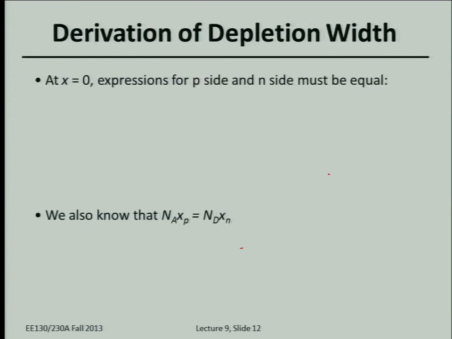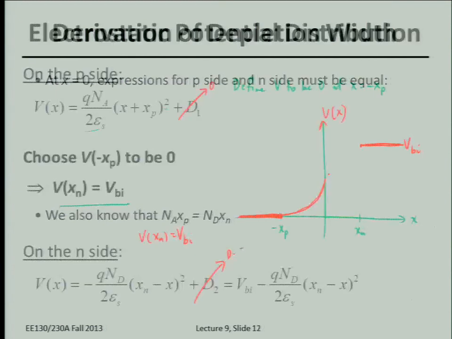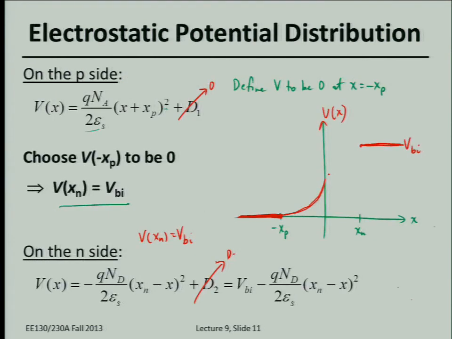Okay, so let's derive an equation for the depletion width now. At x equals 0, this expression on the N side has to equal this expression for the P side. So let's just set those two equations equal to each other at x equals 0.